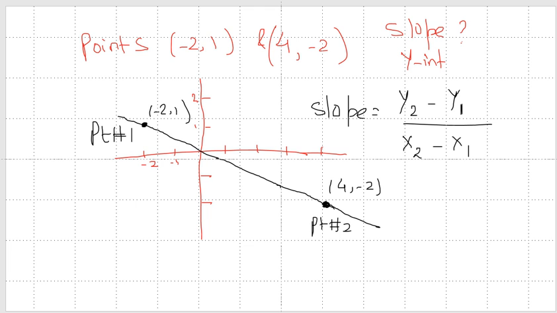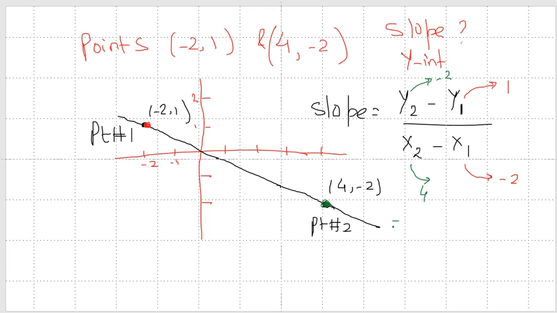Let's make sure you understand this. What is y1? y1 is 1. What is x1? x1 is -2 because we are referring to this point, correct? What is the value of y2? y2 is referring to this point, so it is -2, and x2 in this case is 4.